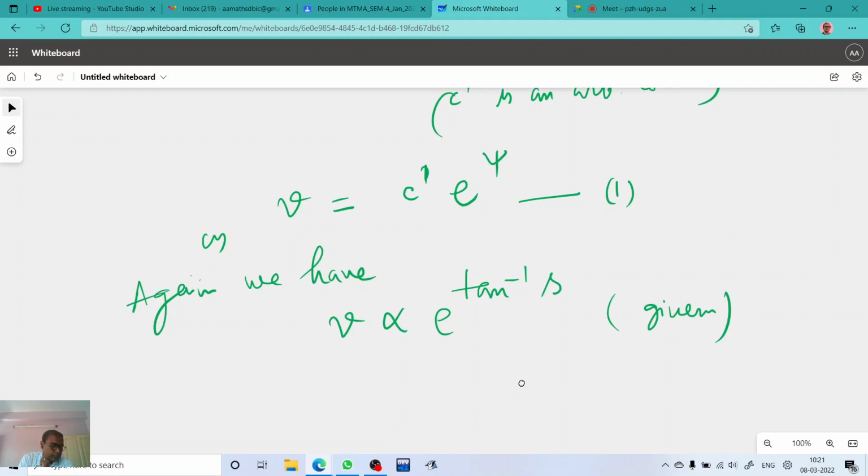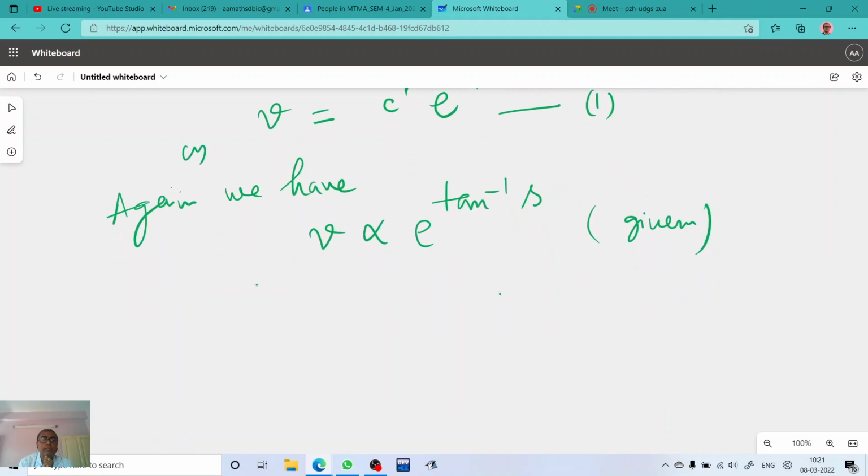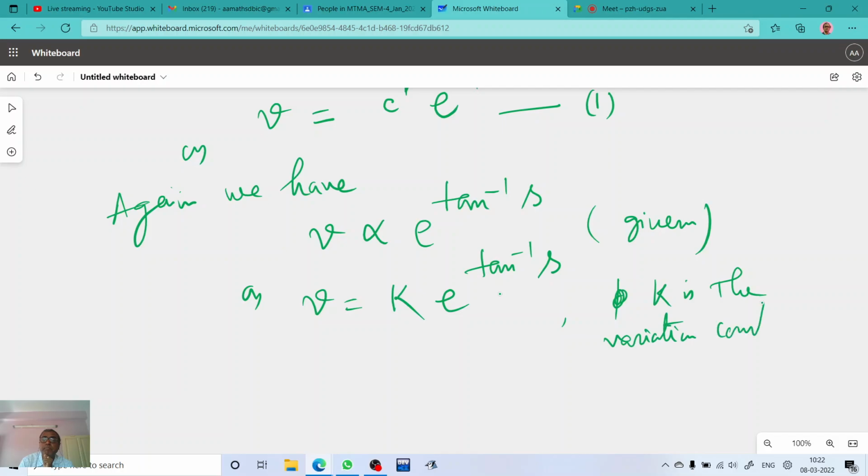So v equals some constant k, the variation constant, times e to the power tan inverse s. Let's call it equation 2.